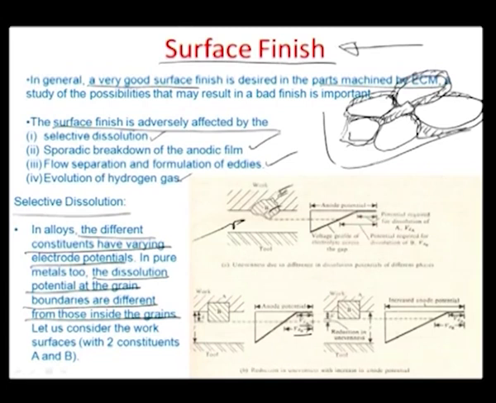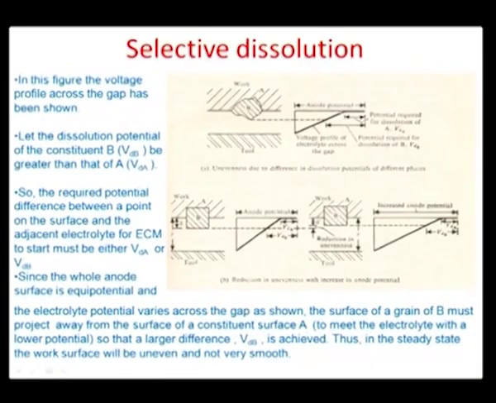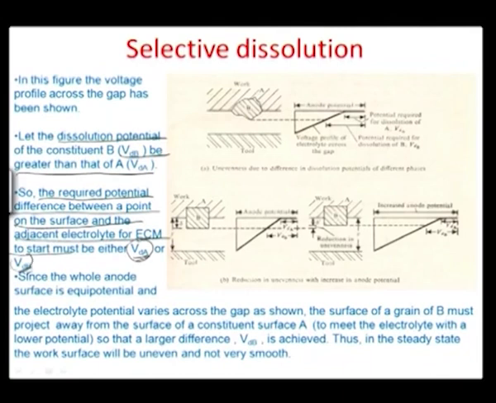So, if we assume that the dissolution potential of B, VdB, is greater than that of A, VdA, so the required potential difference between a point on the surface and the adjacent electrolyte for ECM to start for the phase A must be VdA, or must be VdB for the phase B. Okay, so, till and until this potential is reached at the surface, the dissolution will not occur. Similarly, if for the B phase this potential is not reached, the dissolution will not occur.